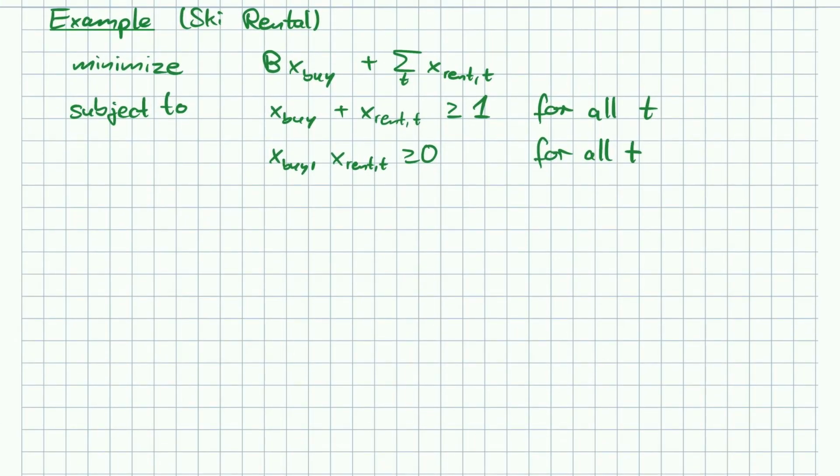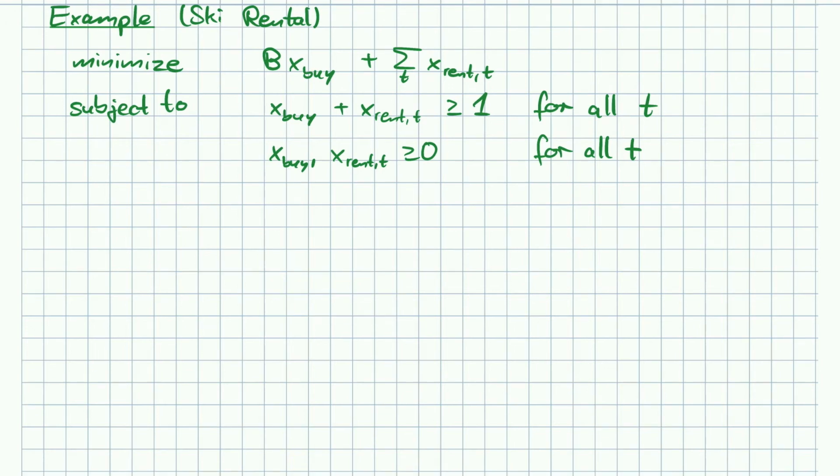Here it is. So for these are the elements that we have. Those are the days and the possible ways to cover them. Those are the options of either buying or renting.